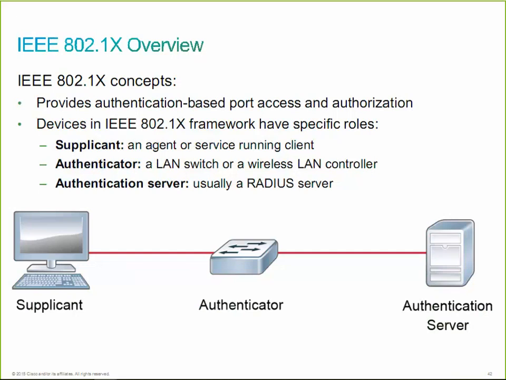So 802.1x allows us to extend that authentication principle to not only authenticate the user, but to also authenticate the device. Now, it's not that we have to use both functions, right? We can still simply authenticate a user, but then based on that authentication, the port that the device is connecting to can be placed into a VLAN, it can be placed into a guest VLAN, a remediation VLAN if we need to do some device remediation.